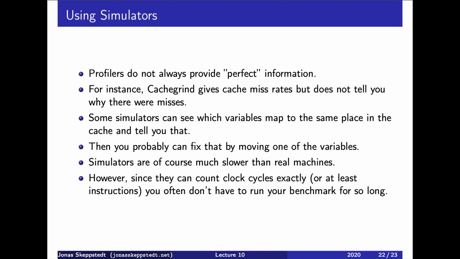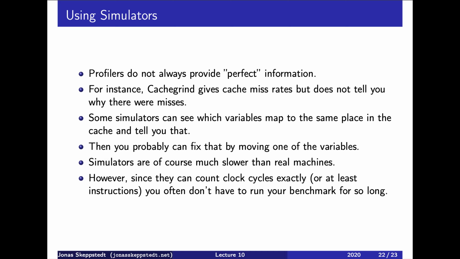Sometimes Cachegrind can give you very useful information about cache misses, and there are options presented in the book so that you can see which line has a certain number of cache misses. But it does not tell you why there are cache misses. Suppose you get the cache miss to variable x.